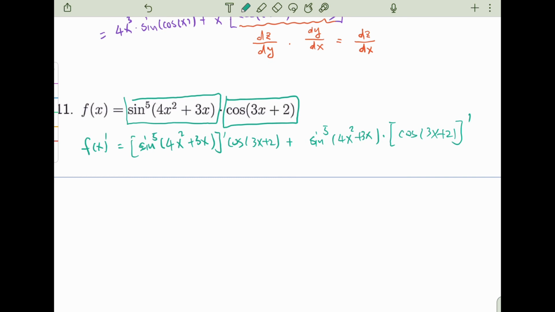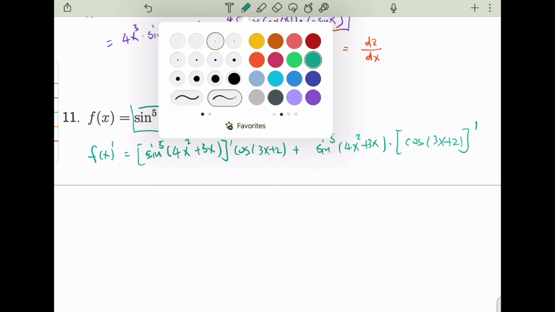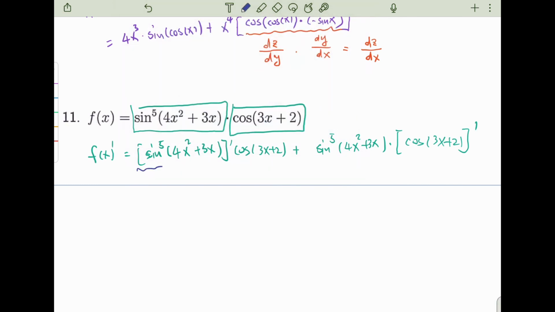Now we start to work on the derivative of each individual green box. For the first one here, this blue expression, we need to use the chain rule. So we identify the most outside function. What is the most outside function? It's not the sine function.